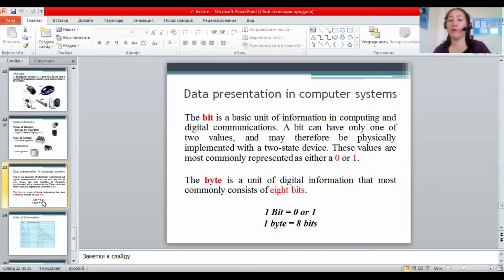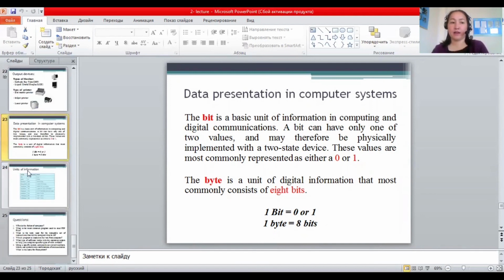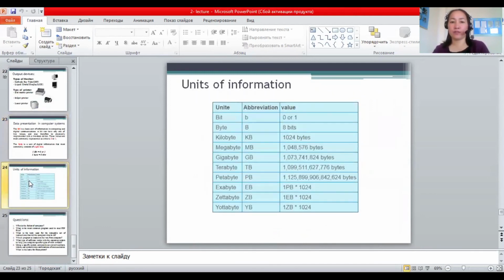These values are most commonly either 0 or 1. The byte is a unit of digital information that most commonly consists of 8 bits. And the 24th slide illustrates units of information.